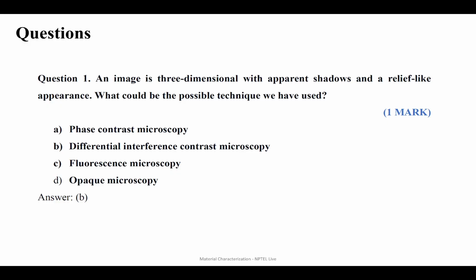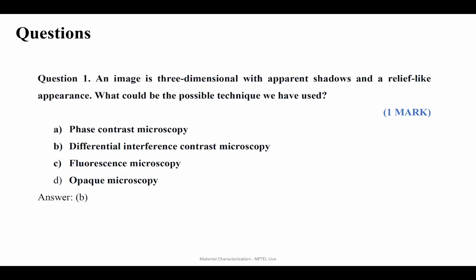We know that in DIC we get a 3D-like structure. In phase contrast, we will be able to observe phase differences, but it will be a uniform image, so it won't have a 3D appearance.